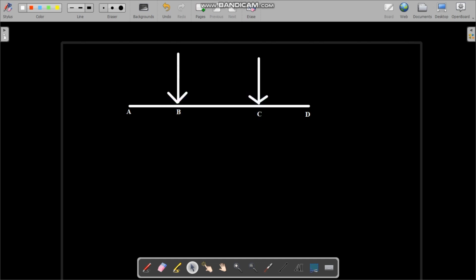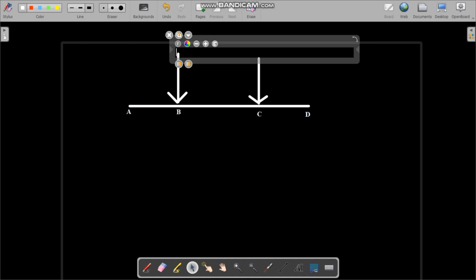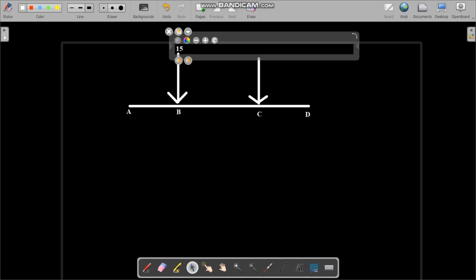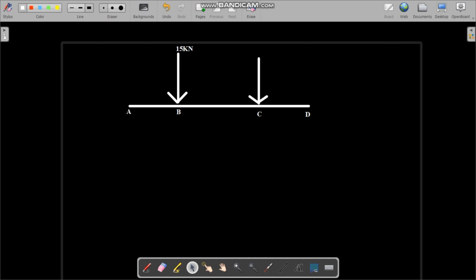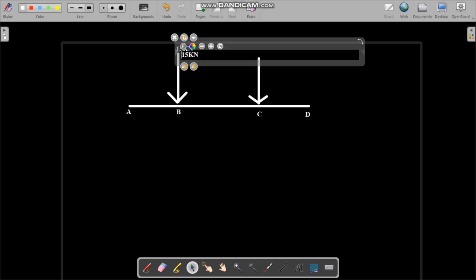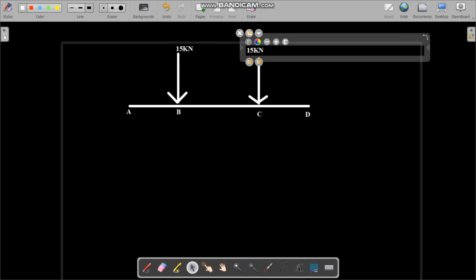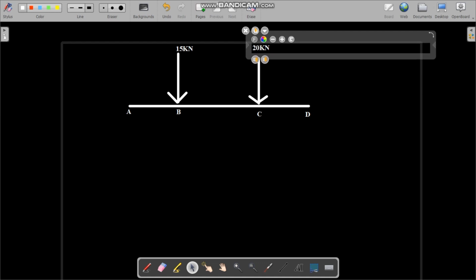The vertical loads that I drew here are different loads applied on the beam. The first one is 15 kilonewton, and the second load applied vertically downward on the beam is 20 kilonewton.